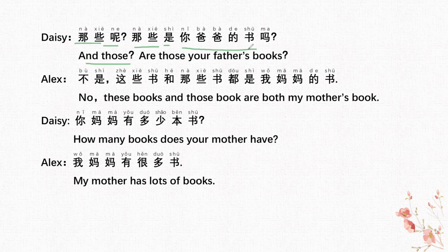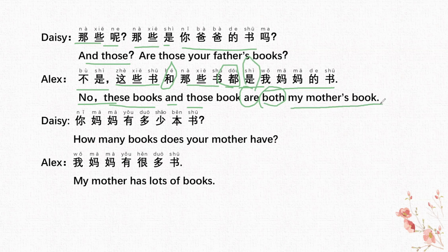Are those your father's books? 不是. No. 这些书, these books, 和 means and, right? And 那些书, those books, 都是, 都 means both, 是 means are. Both are 我妈妈的书, my mother's books.